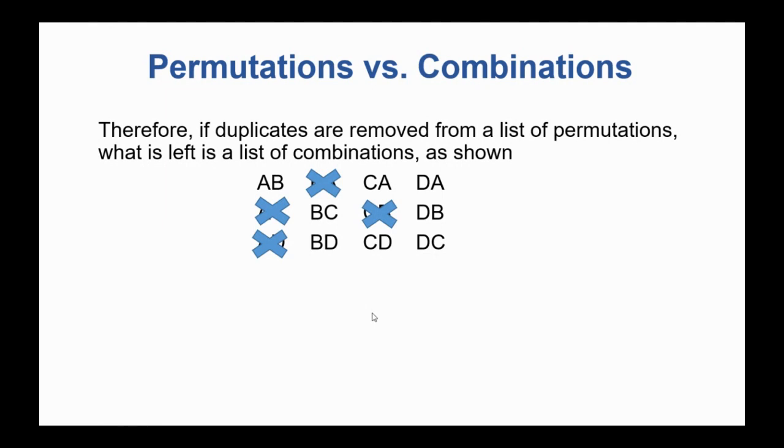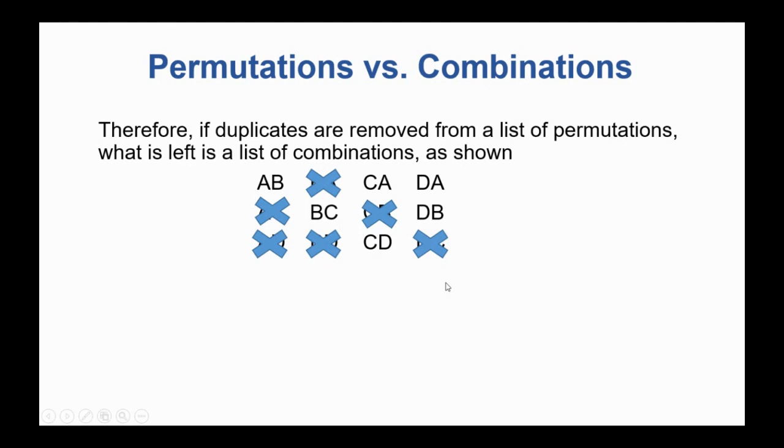Since we have DA, we can throw out AD. And then we just keep going and canceling any that repeat. So we have DB, we don't need BD. And same with DC. We already have CD.